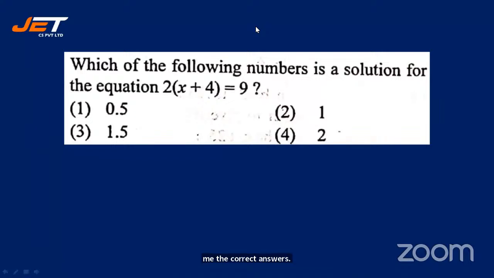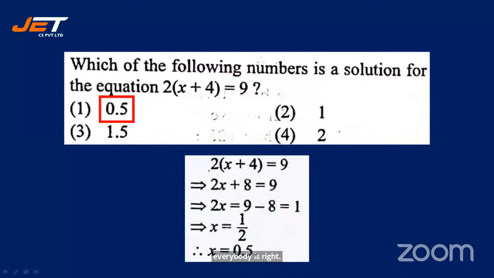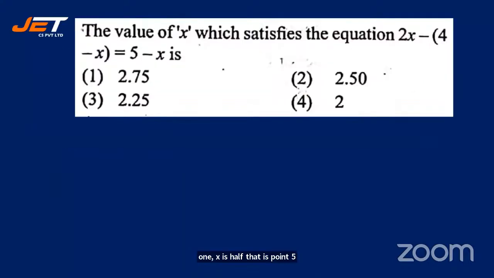Saini, you're right. Kumari, you're right. Sai Vardhan, check your answer. Monica, Rachna, Arvind, everybody is right. Option 1 is correct, 0.5. How? Twice of x plus 4 is 9, so 2x plus 8 is equal to 9. 2x becomes 1. x is half, that is 0.5. All right. Let's see the next question.